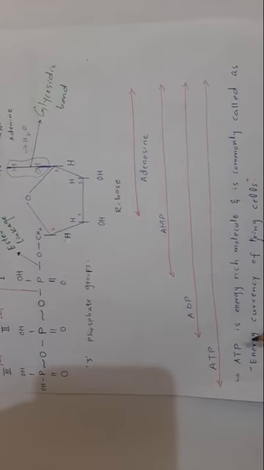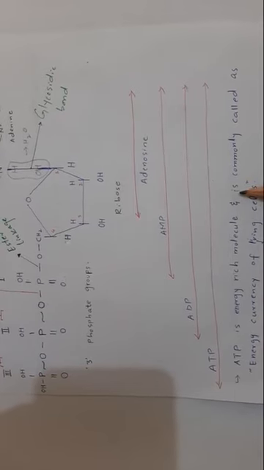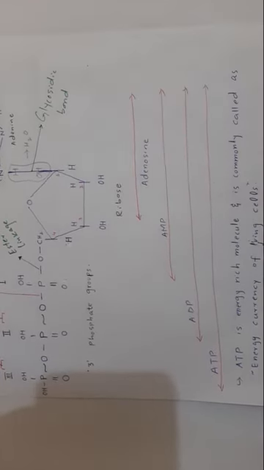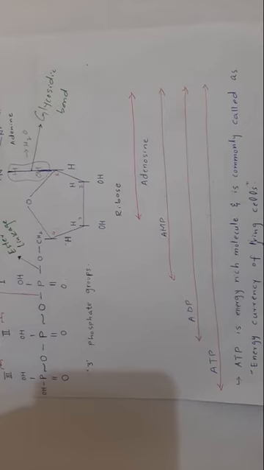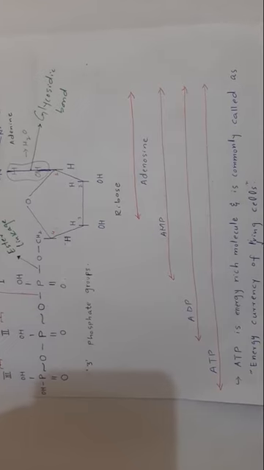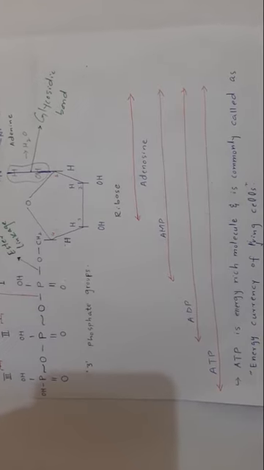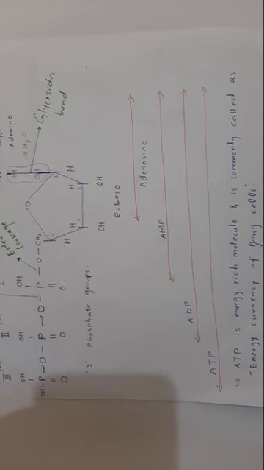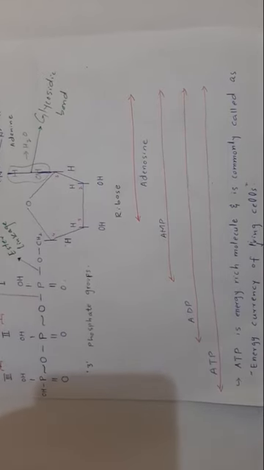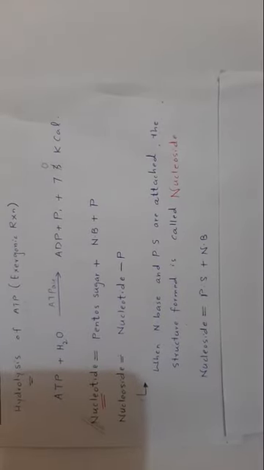And you know that ATP is an energy rich molecule, and it is commonly called the energy currency of the living cells, because ATP provides energy to the cells of all living organisms for their functions or activities. Now, in the last we will study hydrolysis or breaking of ATP, which is an exergonic reaction that releases energy.